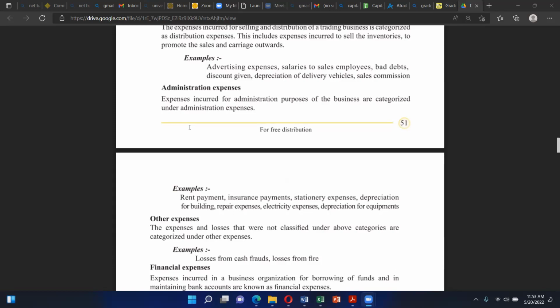Examples: rent, insurance, stationery, depreciation of administration related assets, basically buildings, computer equipment, those type of things, repairs, electricity, and whatever equipment depreciation.